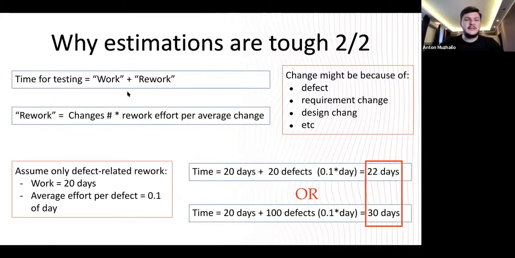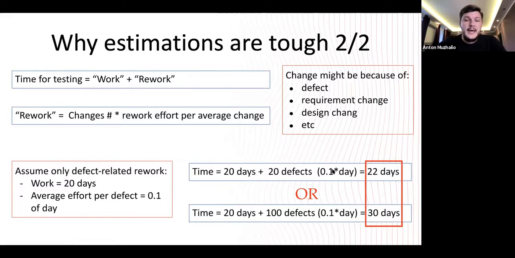Rework is a number of changes multiplied by the average rework effort per change, right? So basically, if you take a look below here, if we assume only defect-related work, we have 20 days of real work estimated. And we can also estimate the average effort per one defect at 0.1 of 1 day. Just have a look at this.